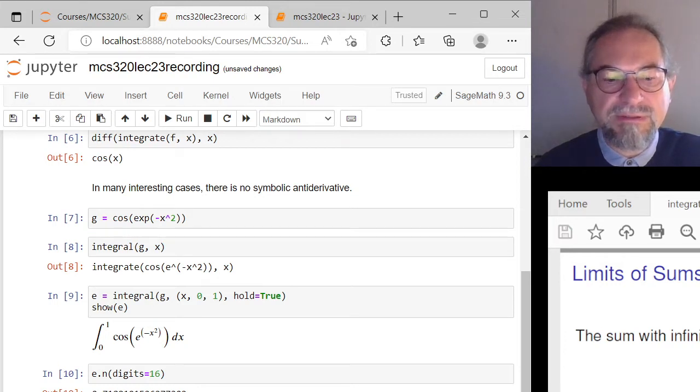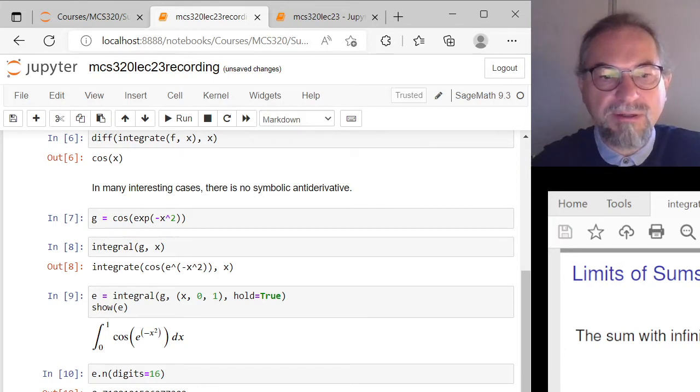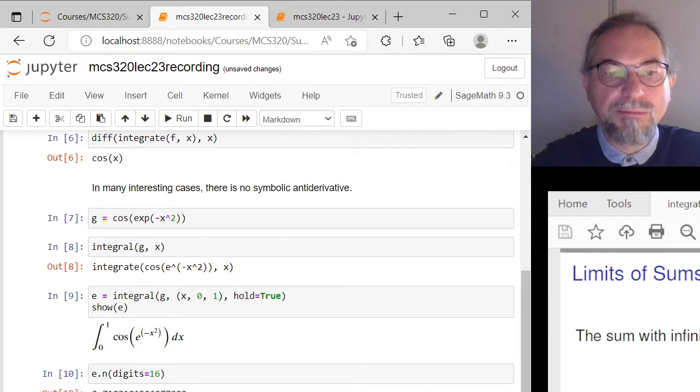Okay, let me consider now symbolic bounds. So what are the problems when we do the symbolic evaluation of an integral?